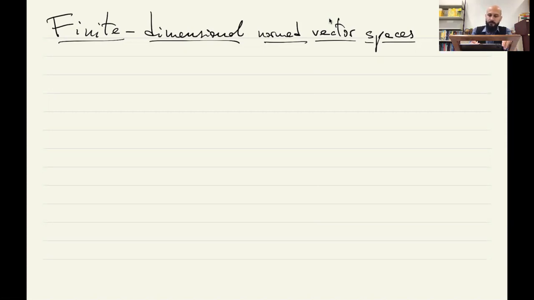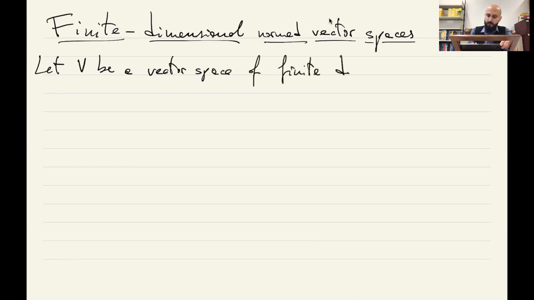So I want to briefly tell you that our point of view for finite dimensional settings is very easy. So let V be a vector space of finite dimension.